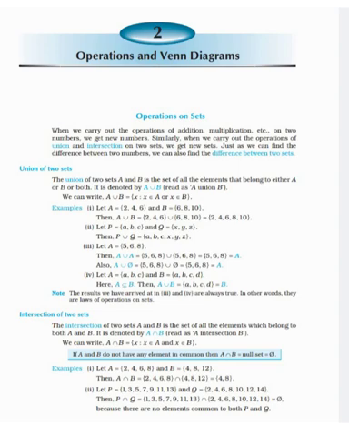For example, let A equal 2, 4, 6 be one set, and B a set of 6, 8, 10. Symbolically, A union B is equal to 2, 4, 6 already in A, and B having 6, 8, 10. We have already written 2, 4, 6.